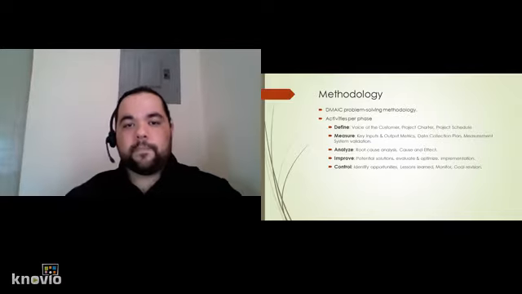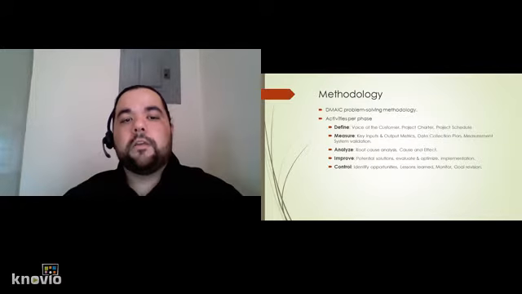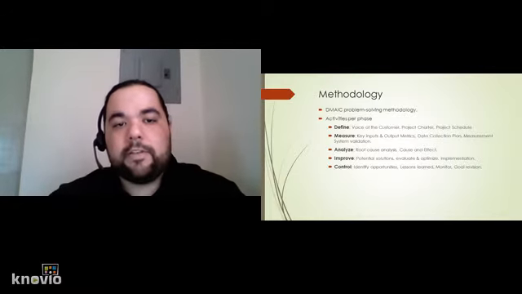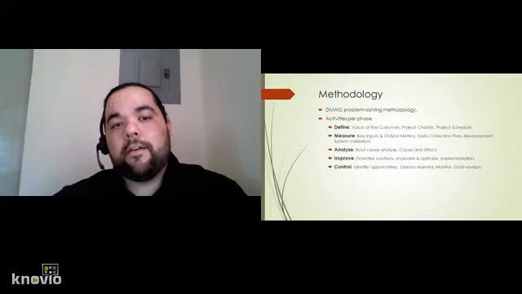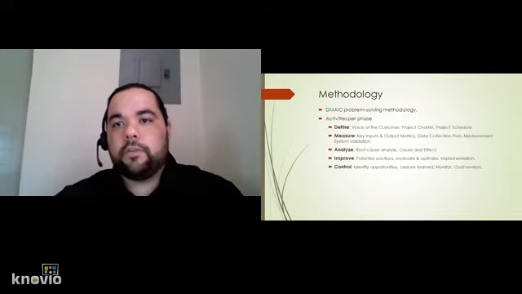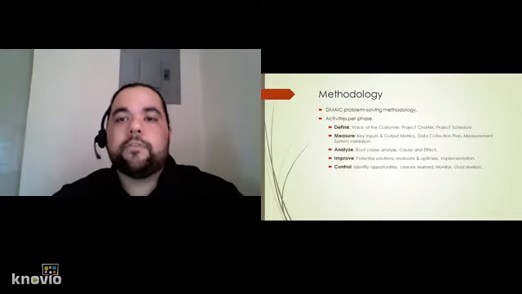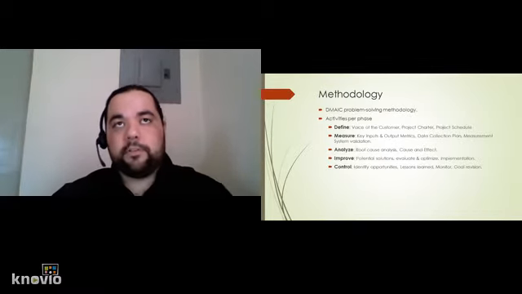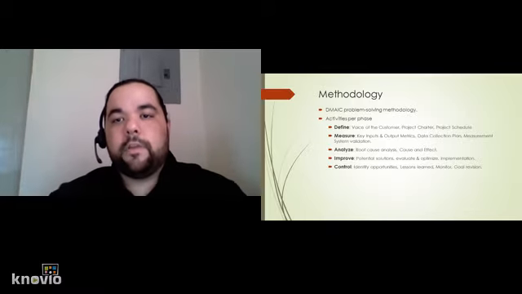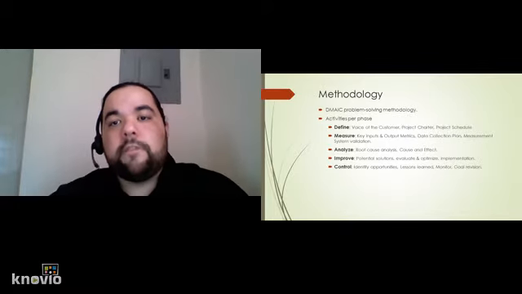Okay. So here you can see some of the key tools and activities that we are going to use by phase. Each one of those DMAIC phases will use different tools. So for example, in the define portion, we're going to be using the voice of the customer.